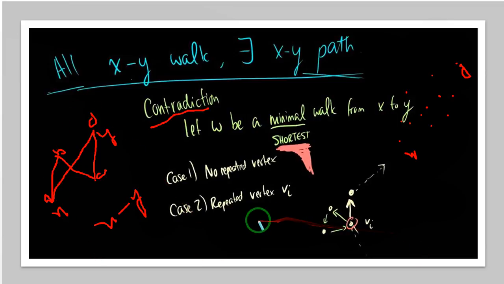Case 2, repeated vertices. In a contradiction you can repeat the vertices, but it's up to your point of view, when you are doing programming or networking. Maybe sometimes we need a shortest path which involves repetition of vertices.